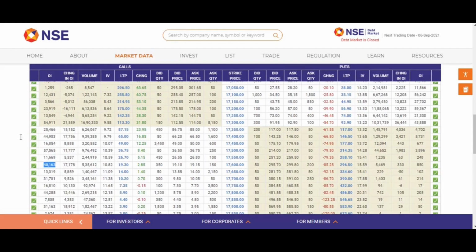Okay. So let's understand what long build up, short build up, long unwinding, and short covering are now. In live markets, whenever you see any particular strike getting high levels of OI, high levels of change in OI, that basically means addition is happening there.